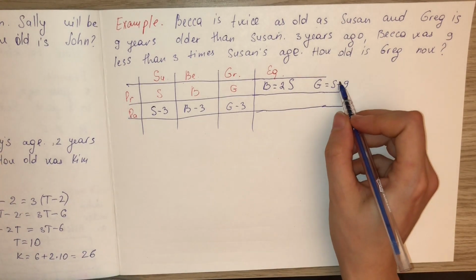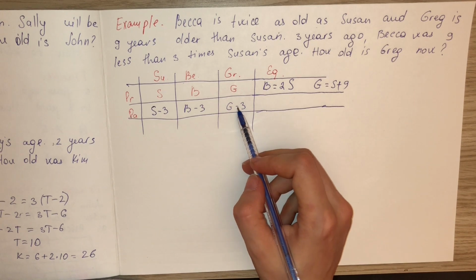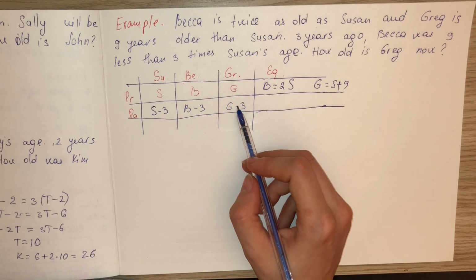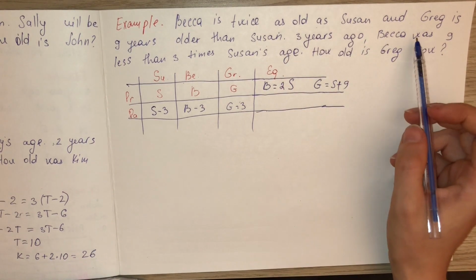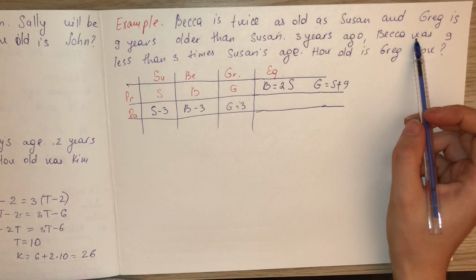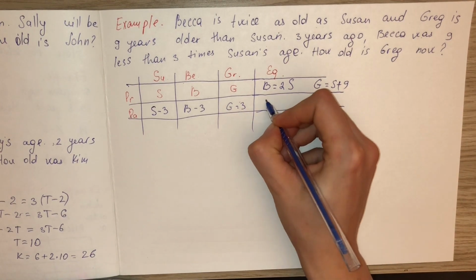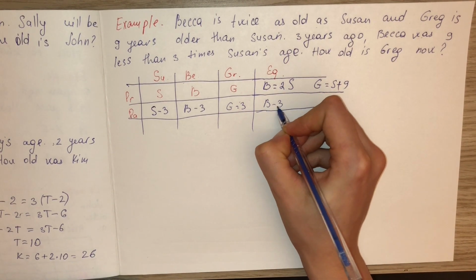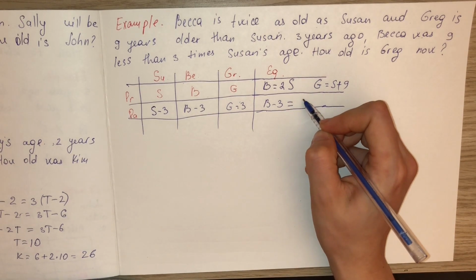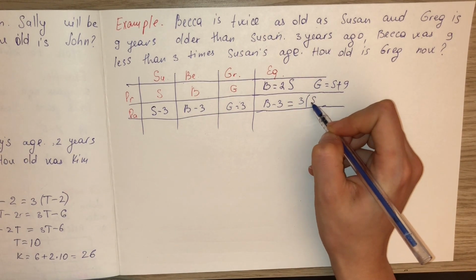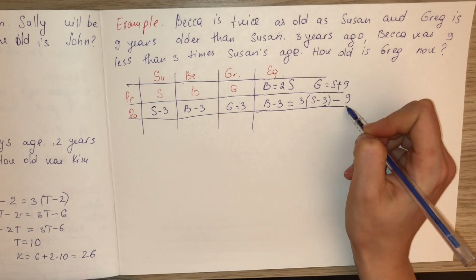Older is 9 years more. And 3 years ago, Becca was 9 less than 3 times Susan's age. 3 years ago, Becca was 3 times S minus 3, less 9.